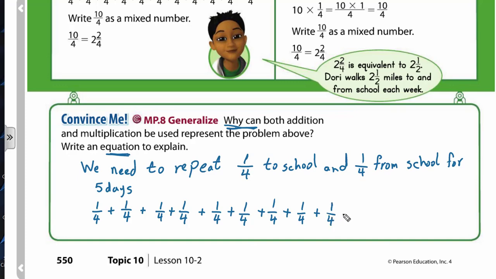Can anyone help? Okay, Abdulaziz. How many fourths?